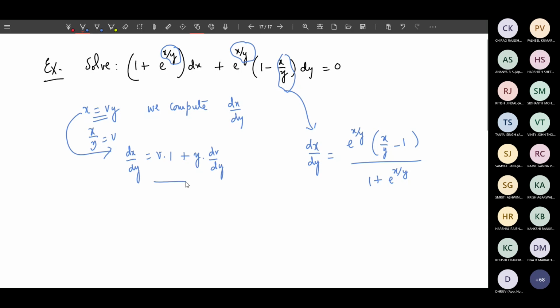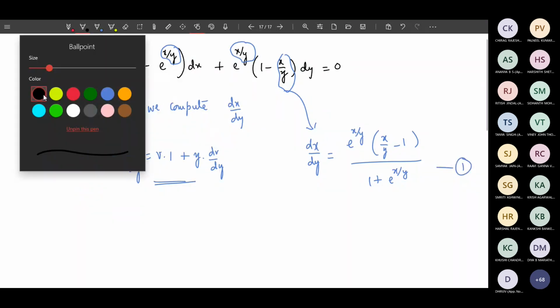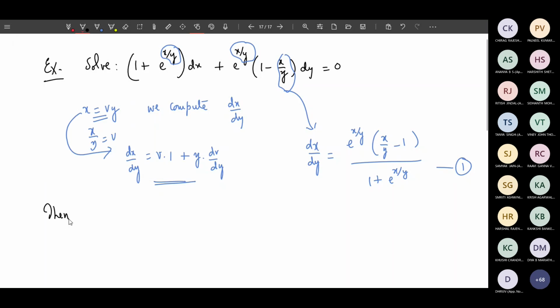If I call this equation 1, then dx by dy is v plus y dv by dy, equal to e to the power of v into v minus 1, over 1 plus e power v.